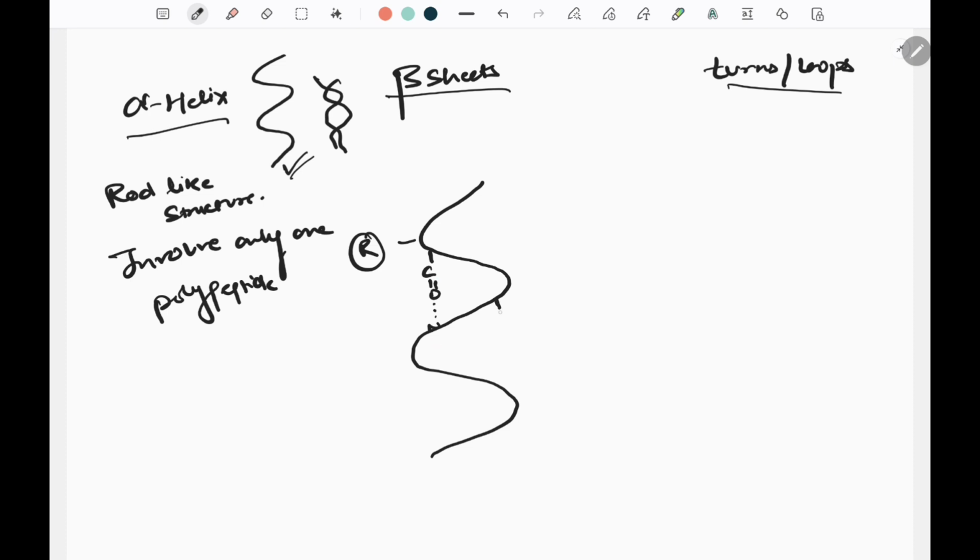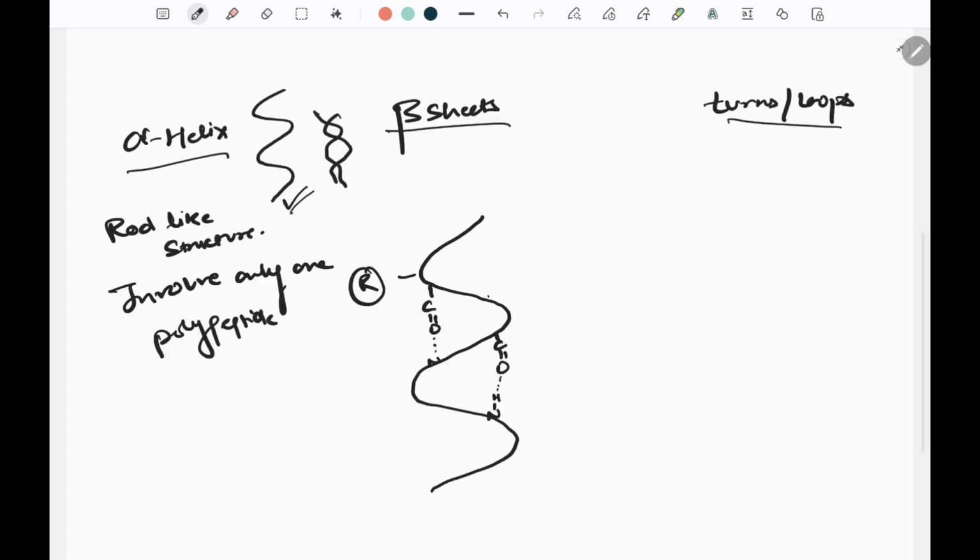It will be something like this: C double bond O and H, and this sort of structure we are going to witness. Okay, and the R group is going to stick outside. So in alpha helix, R groups stick outside of the chain.